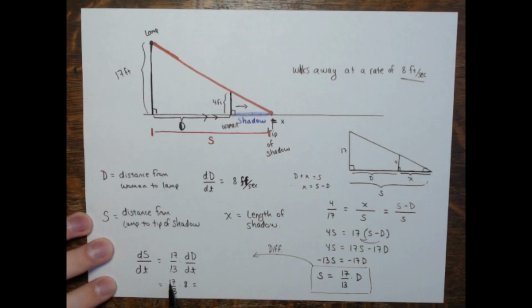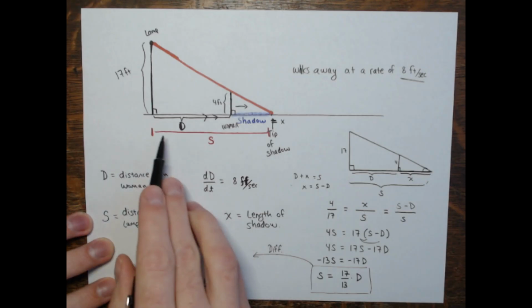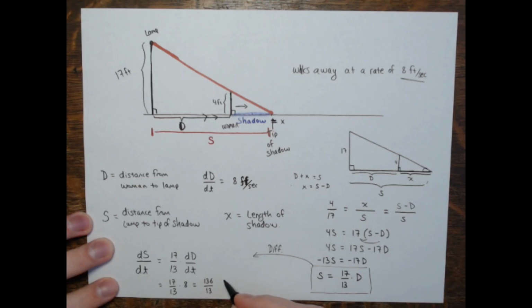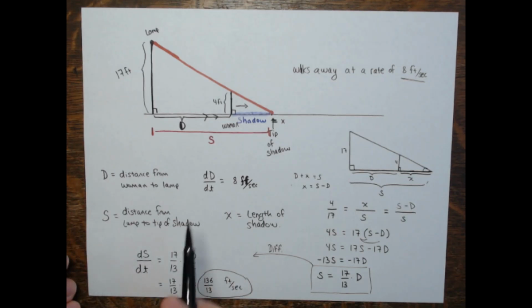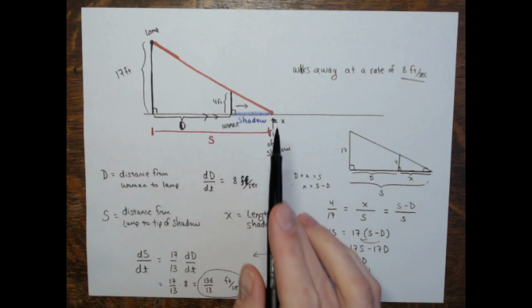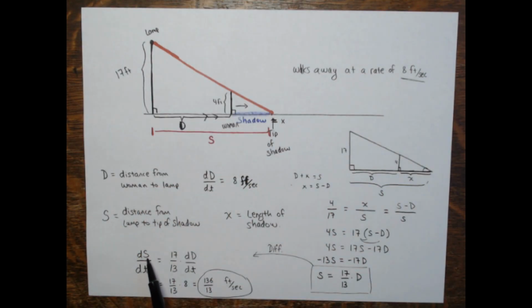So 17/13 times 8, and you're asked to leave it exact. So I'm just going to do 8 times 17, that's 80 and 56, that's 136/13. And this is in distance units over time units, so in feet per second. So there's what they're asking for: ds/dt, the rate of change at which this shadow tip is moving away from the pole as time passes.